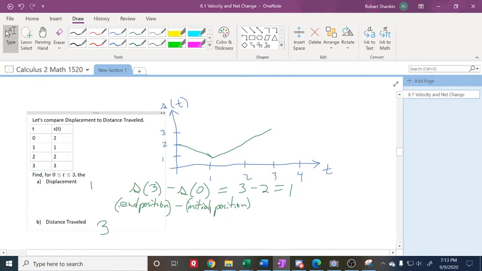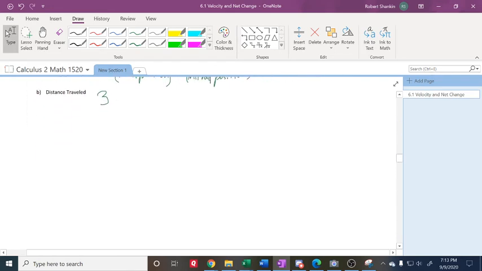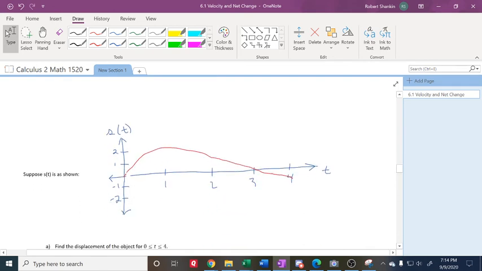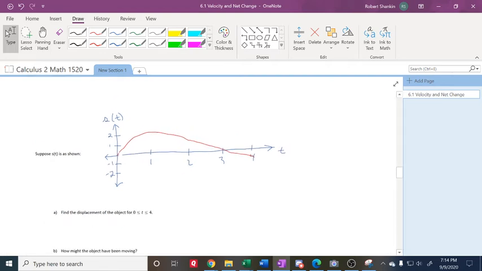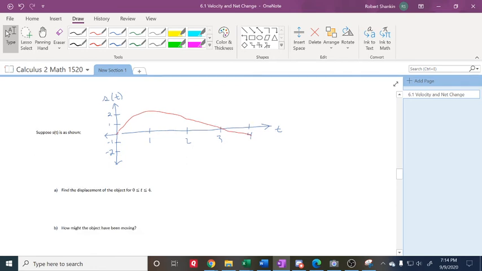Okay, so now let's go to the next one. Suppose S of t is as shown in this picture. And the first one, find the displacement of the object from t between 0 and 4. I'll give you a moment for that. And then part B is asking how might the object have been moving.